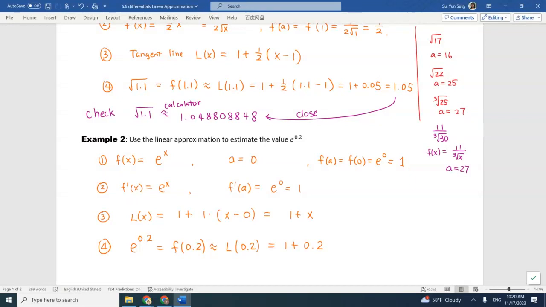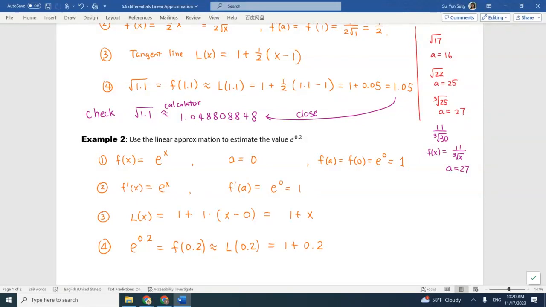And also, this is a tangent line. This is a linear function. Linear function means the power of x is 1. Another common mistake is students put the slope as e to the x here.